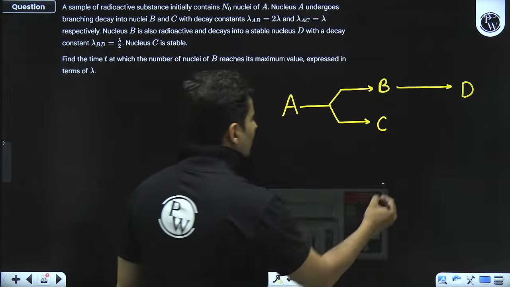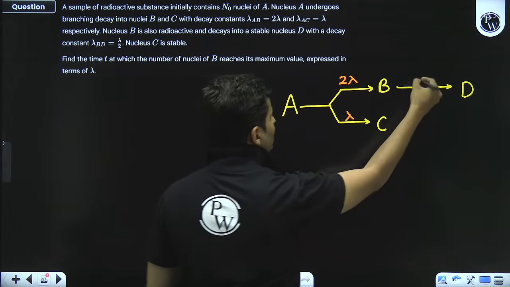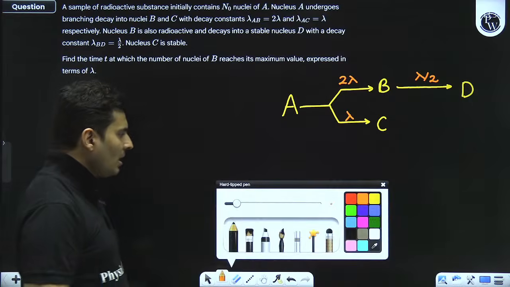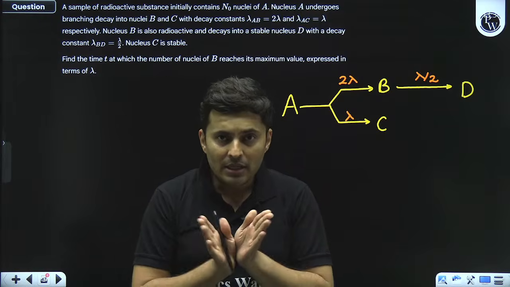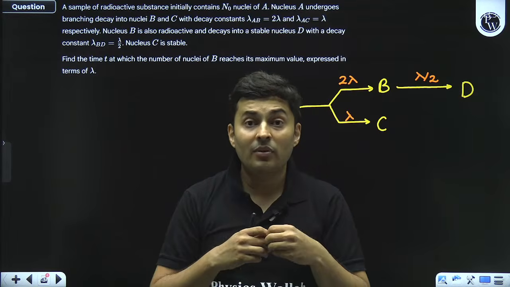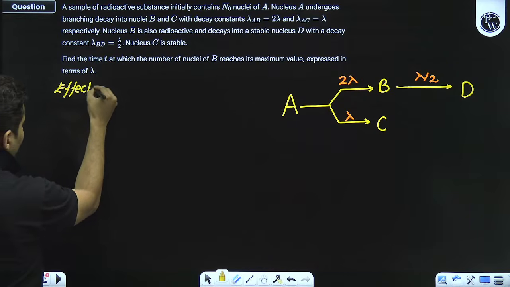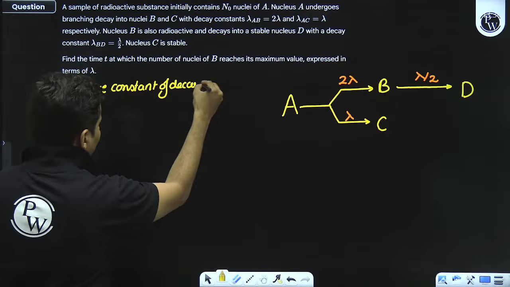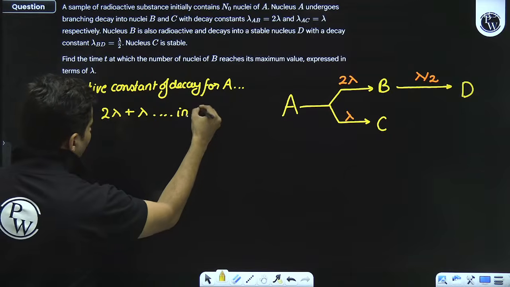Now let's start marking the decay constants. For A to B it is 2 lambda, A to C is lambda, and B to D is lambda by 2. Now the question is, when does B reach its maximum value? Whenever this kind of branching happens, A will keep splitting into parallel paths, so A will have a net effective decay constant. The effective decay constant for A, lambda A, will be 2 lambda plus lambda, because they are happening in parallel together.